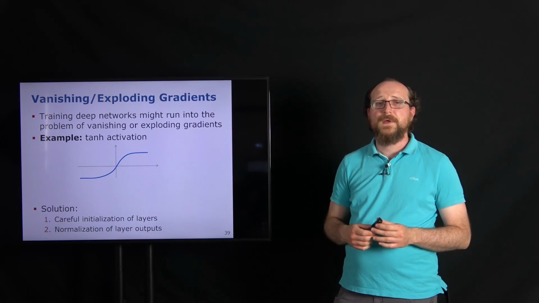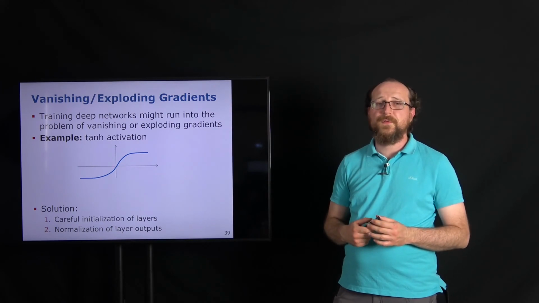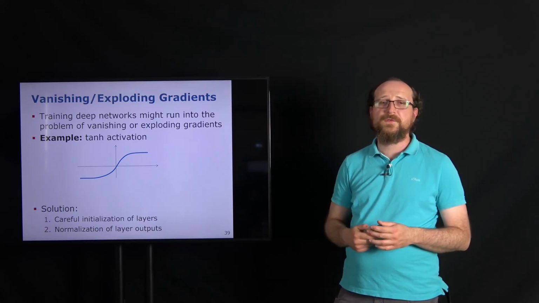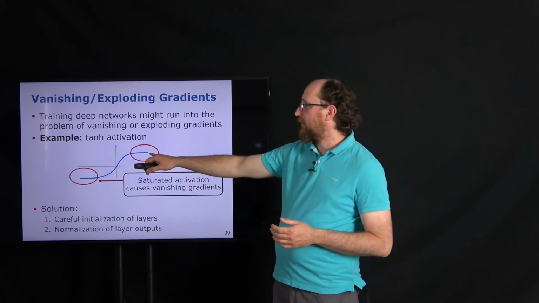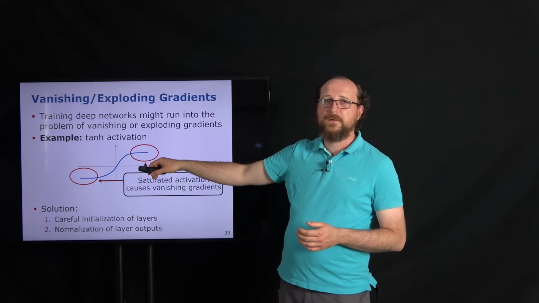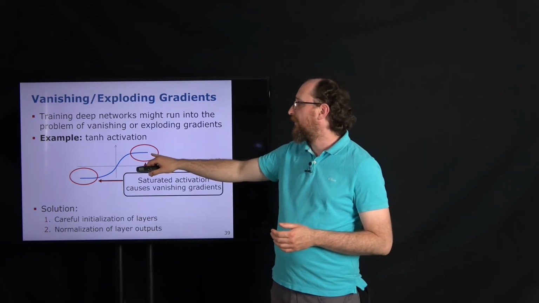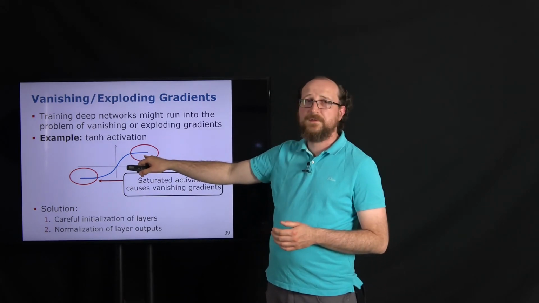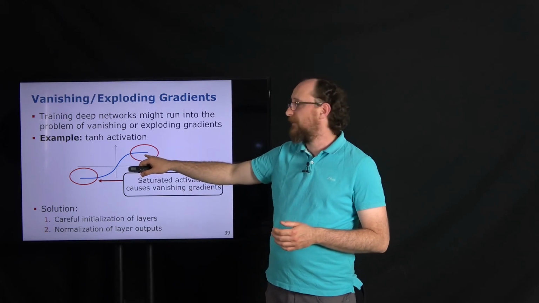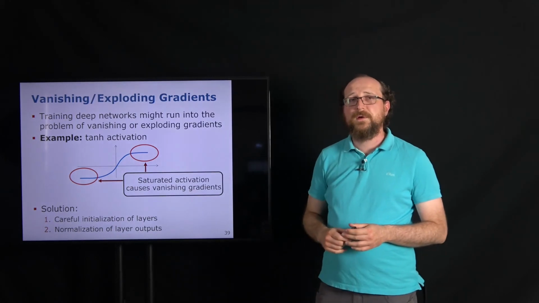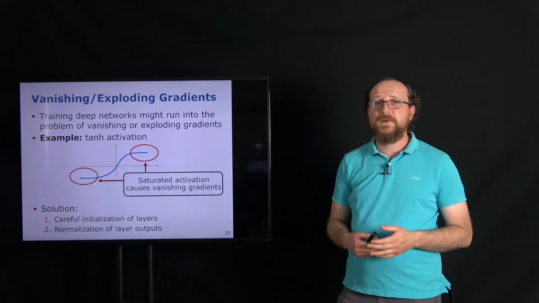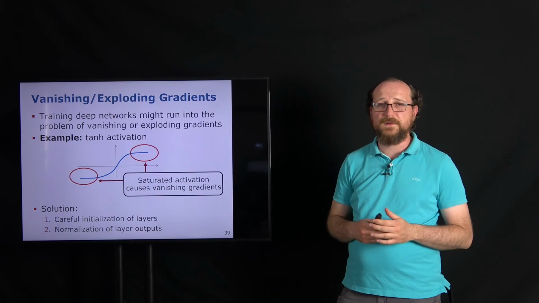For instance, for the tanh activation, this can lead to cases where the gradients are getting zero. At some point in the network, the function is saturated, and then the gradient is getting zero. Because we have the multiplication, the whole learning dies there.